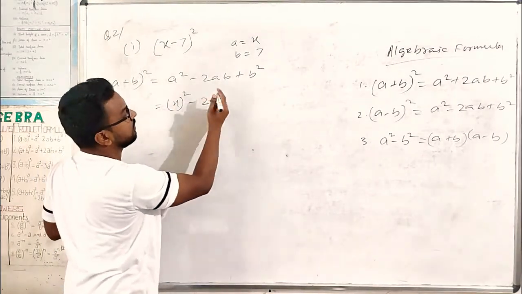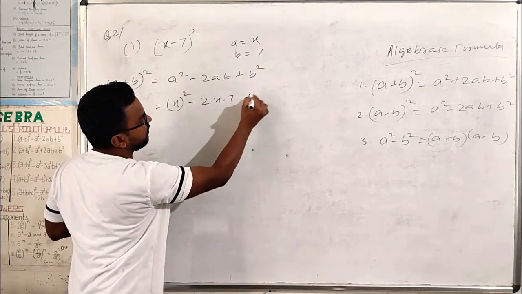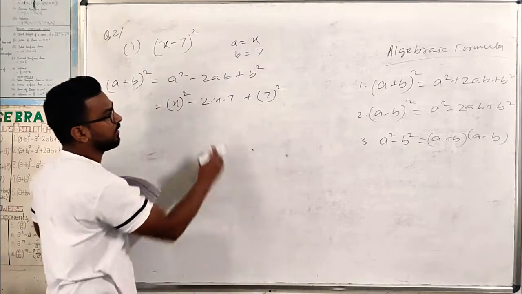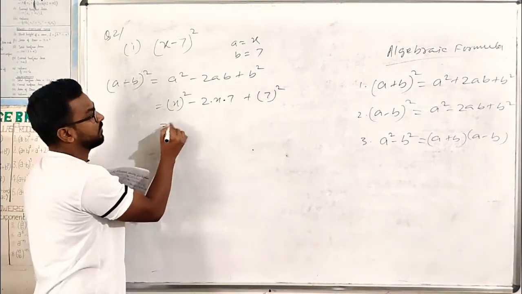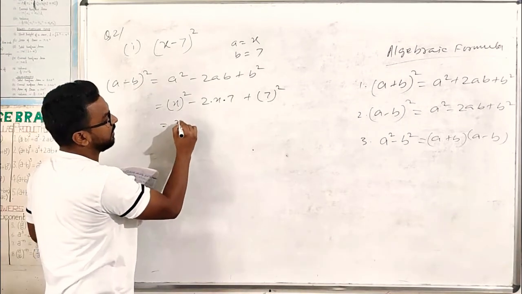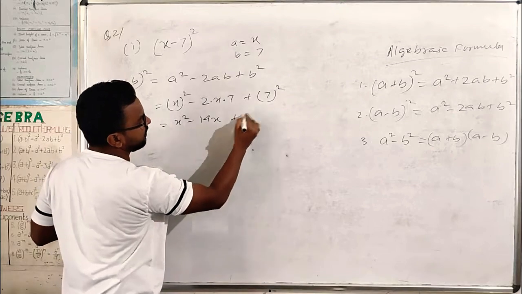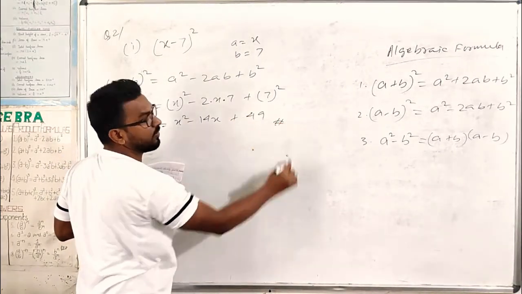So a is x and b is 7, plus b is 7, so 7 square. They are multiplying with each other. Fine. So the square of x is x square, minus 14 into x, 14x, plus the square of 7 is 49. Okay, this will be our answer.